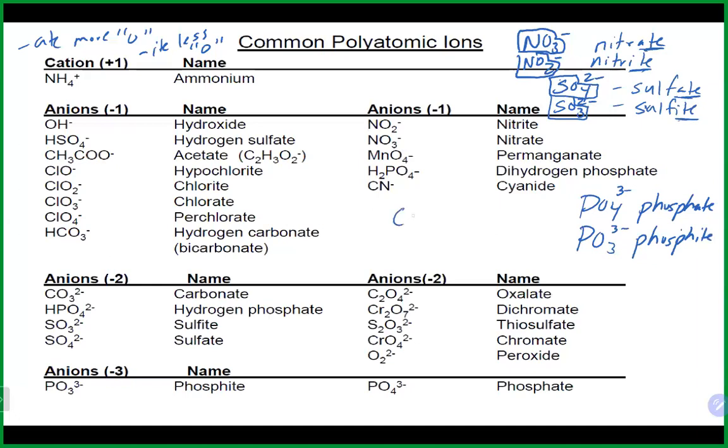So if I had this guy, which is carbonate, and I wanted carbonite, how many oxygens should it have? 2, it'd be CO2 2 minus. So again, that is a way you could adjust it if you just learn one of them and know to go up or down based off of that. Any questions on that there?